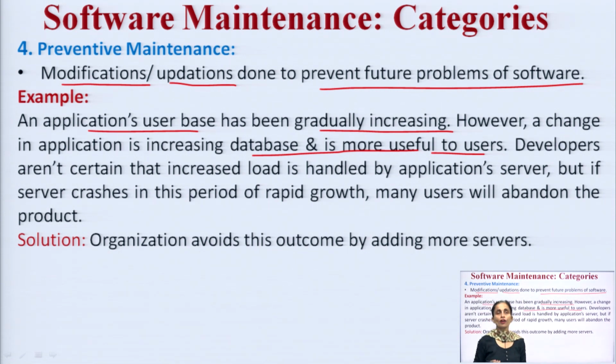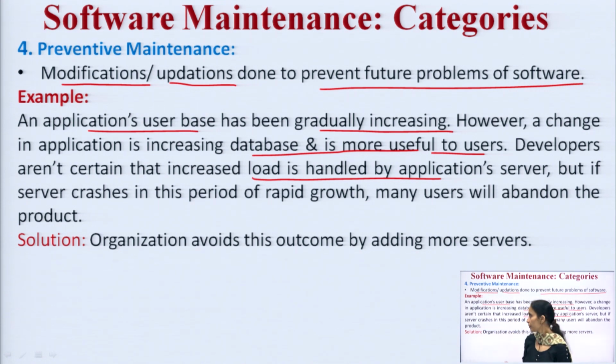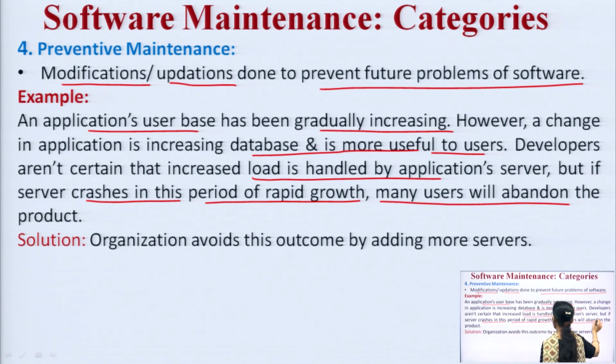Developers are not certain that the increased load is handled by the application server, but if the server crashes in this period of rapid growth, many users will abandon the product.